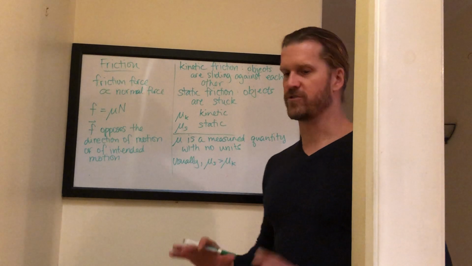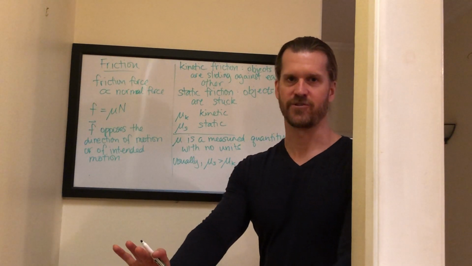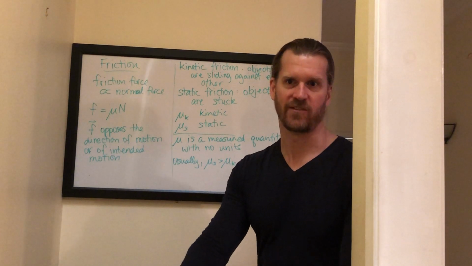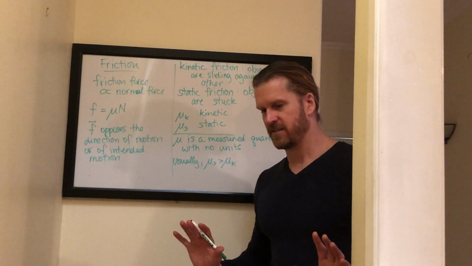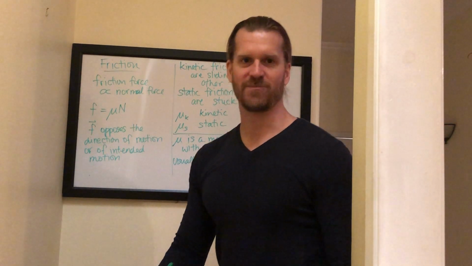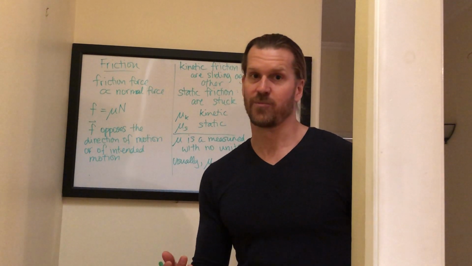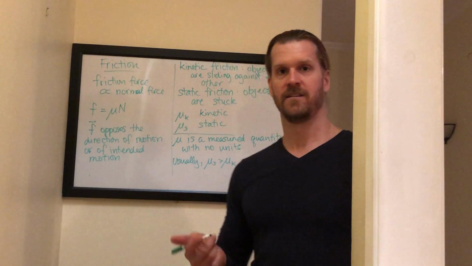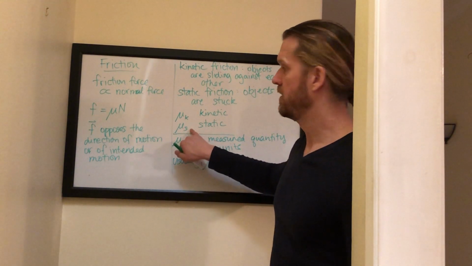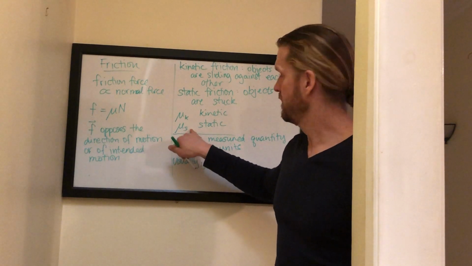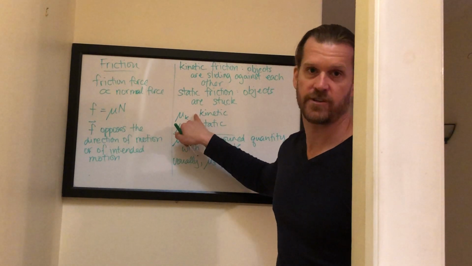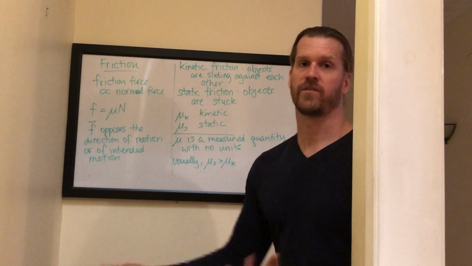You might notice that when you first start pushing that furniture, it's really hard to get it going. It just kind of sticks to the floor. But after you push for a while, it unsticks and you suddenly move forward, and it's a lot easier to push once it's moving. That's because to get it moving, you had to overcome static friction, which has a larger value than kinetic friction, which takes over once the object's in motion.